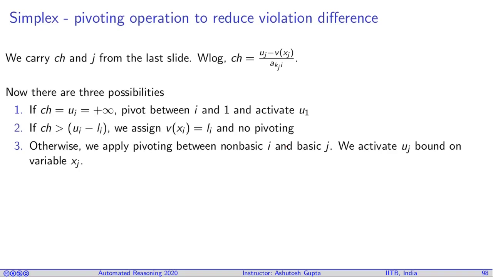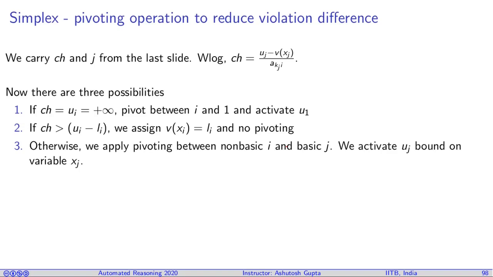There's another case in which bounds exist for the variable i, so you cannot go beyond them, and the change allowed is actually more than the range of i. In this case, what I will do is flip. If I was at the lower bound, it goes to the upper bound; if it is at the upper bound, it goes to the lower.